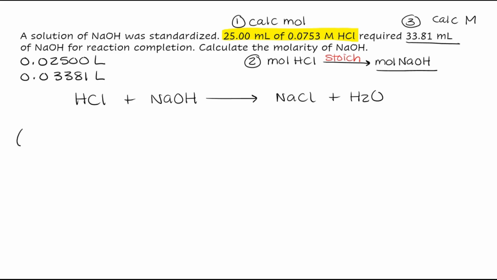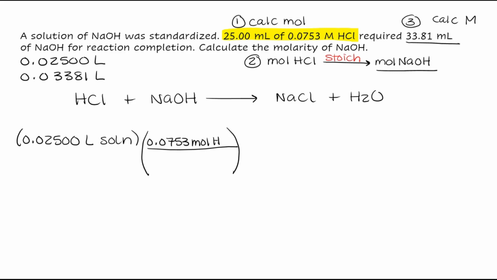So we'll start with the volume, 0.02500, and this is liters of HCl solution. Then we're going to multiply that by the HCl molarity, expanding those units of molarity into a clear numerator and clear denominator. So at the top we have 0.0753 moles of HCl divided by liters of solution.